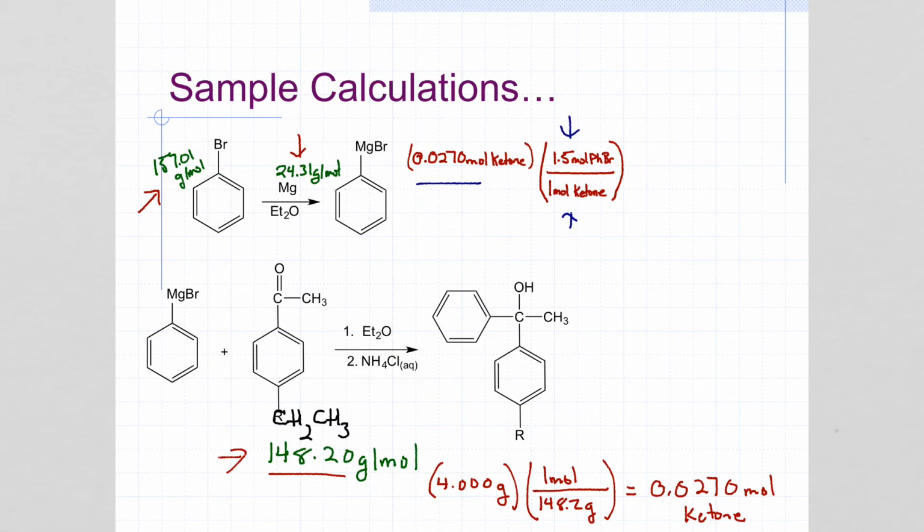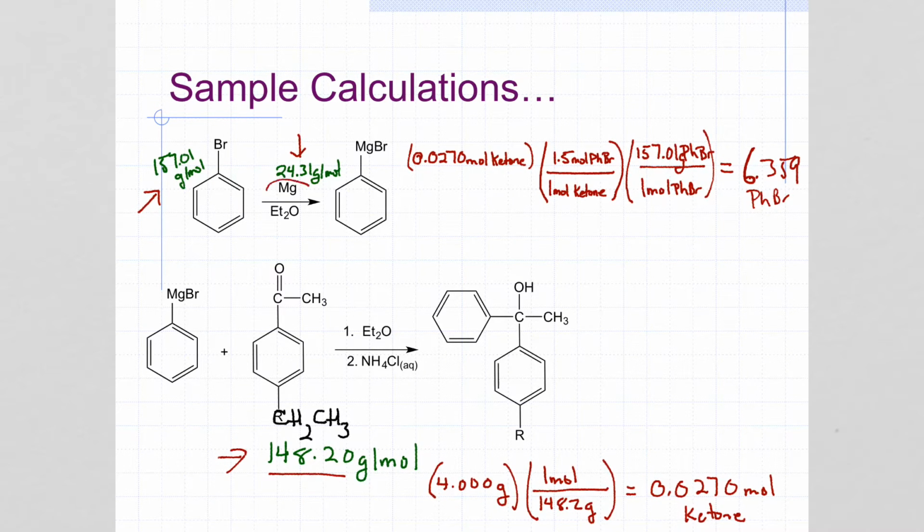As I said, this is just a 1-to-1 reaction, but we're using an excess of bromobenzene so we get an excess of Grignard reagent in case of side reactions. And that would give us then 6.359 grams of bromobenzene.